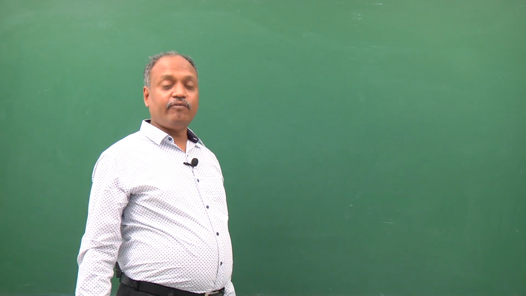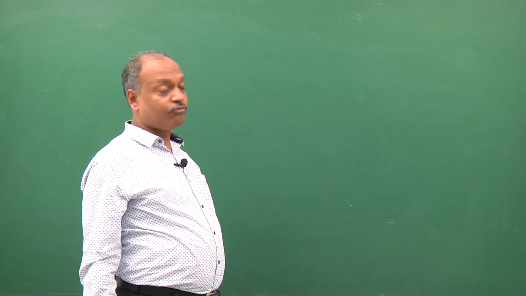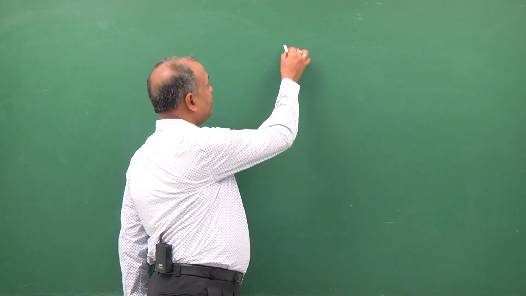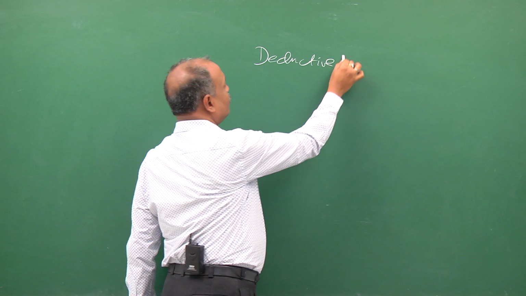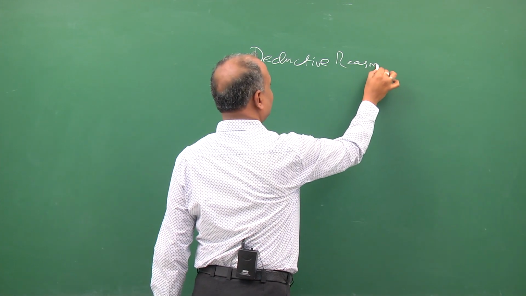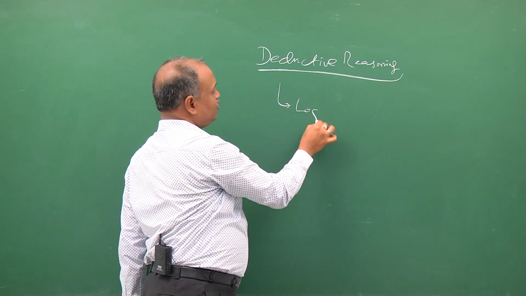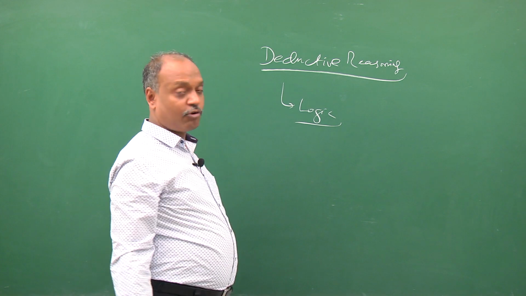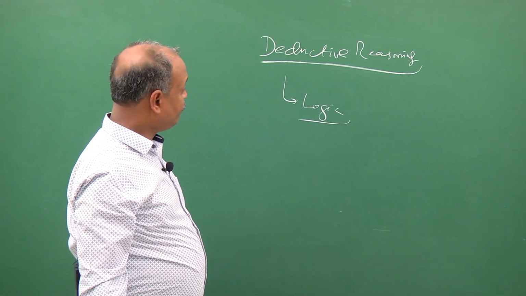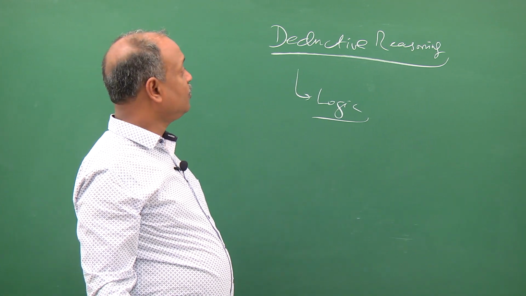Let us look at one of the most popular ways of reasoning in the context of AI systems, namely deductive reasoning. When you say deductive reasoning, the basic idea is that you use some background underlying principle of logic to be able to derive new facts of knowledge from an existing set of knowledge.